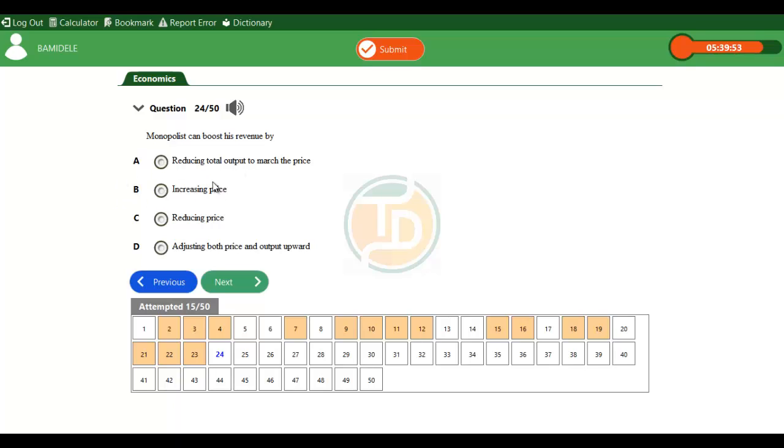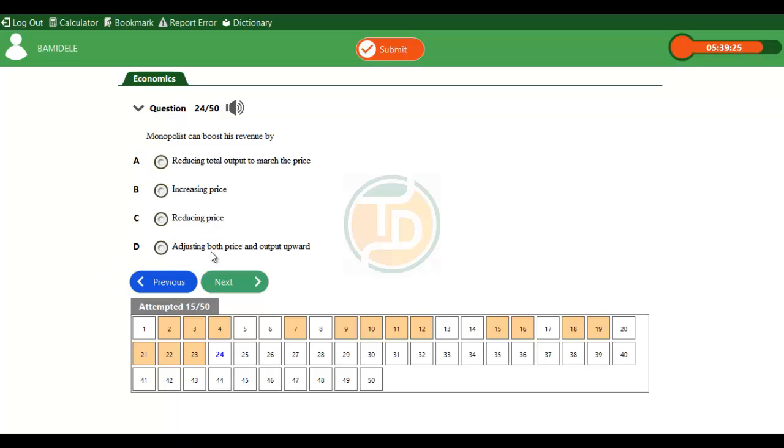Option A says reducing total output to match the price. This is not a usual practice of monopolies. Option B says increase price. Monopolies will increase price, and when they increase price, it will affect their total revenue positively. Option C, reduce price. If monopolies reduce price, it will reduce their total revenue as well.